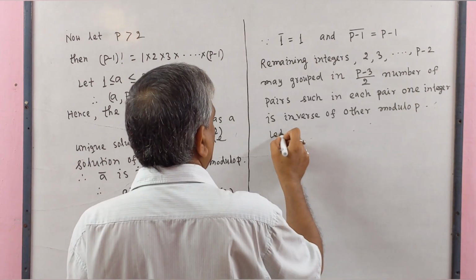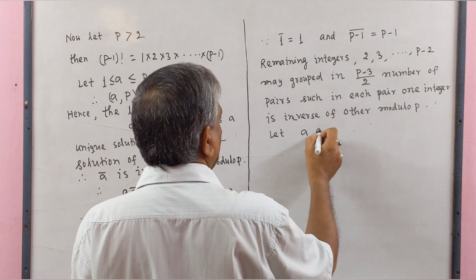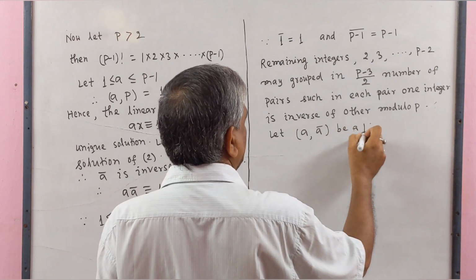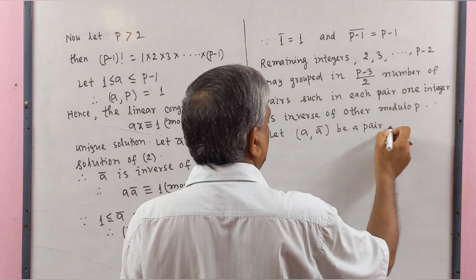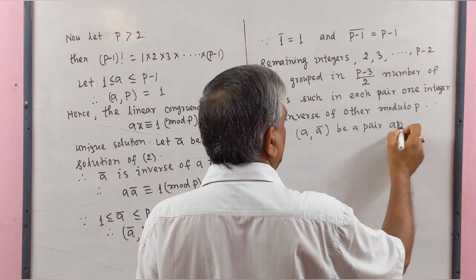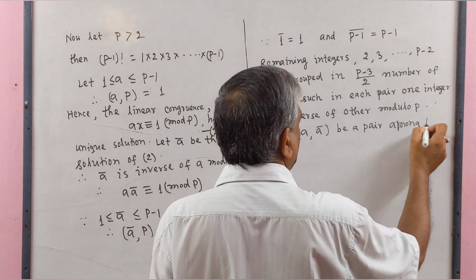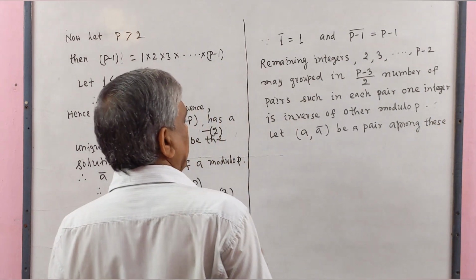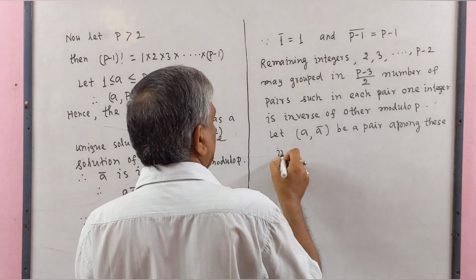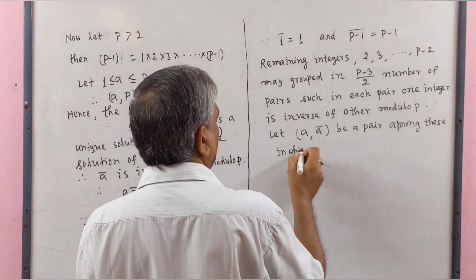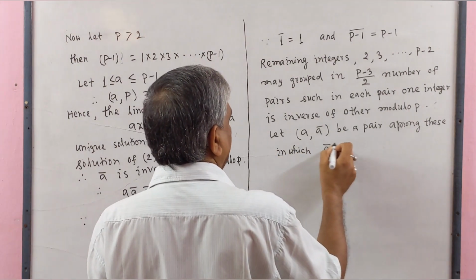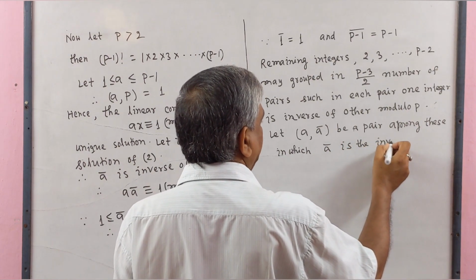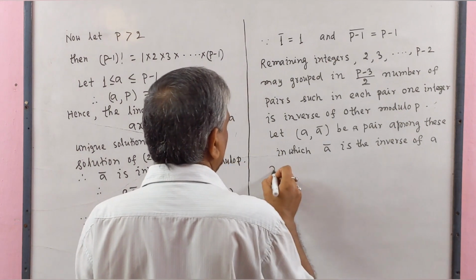Let a and a bar be a pair among these, in which a bar is the inverse of a modulo p.